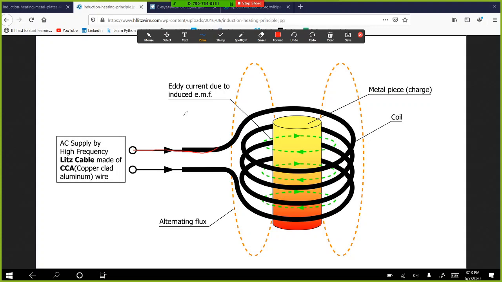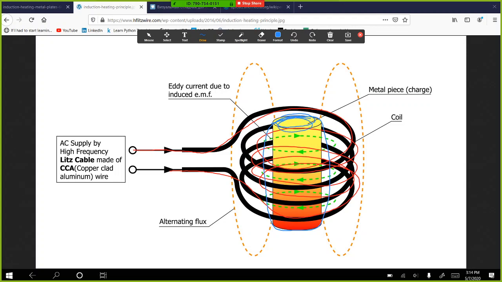We have a coil here, and this coil produces alternating magnetic field, and this field generates alternating magnetic flux, and inside the coil we put our conductor, in this case a metal piece.